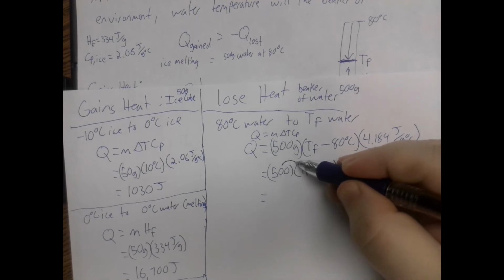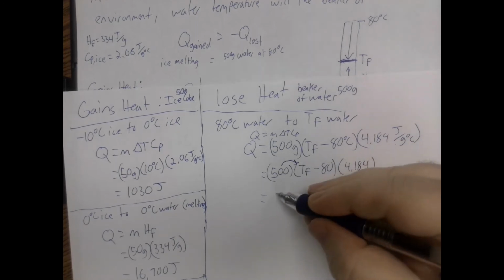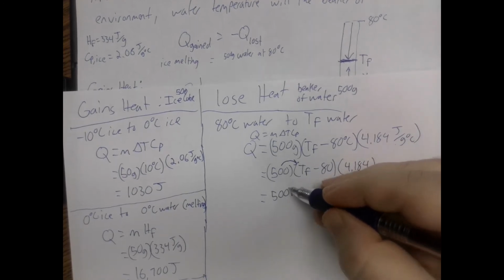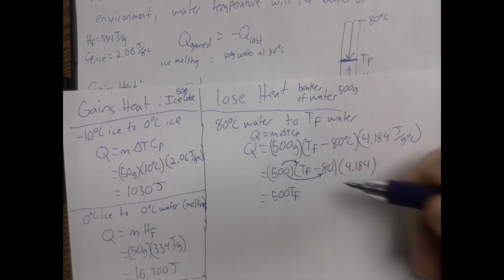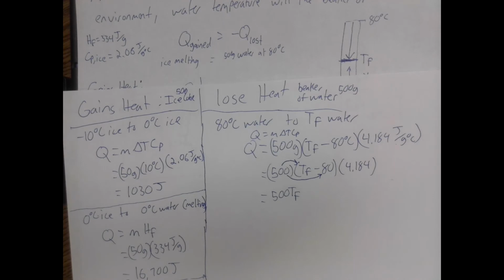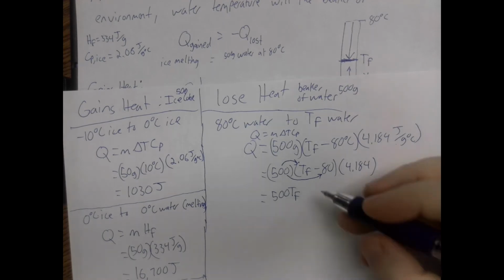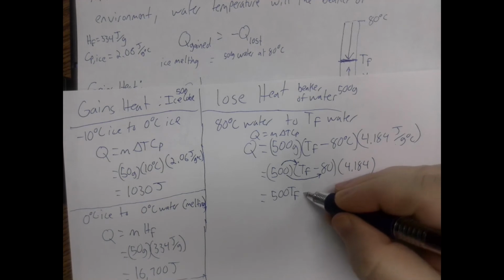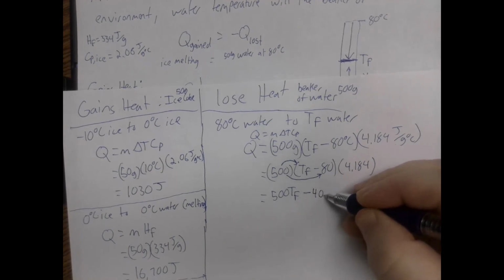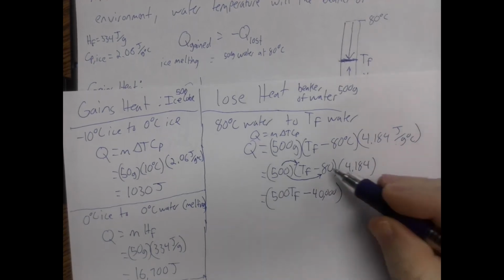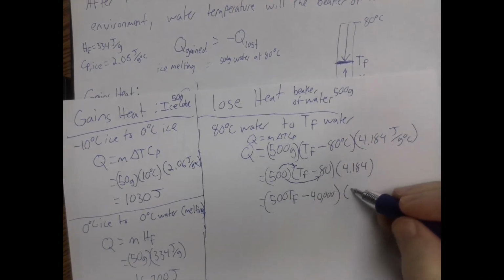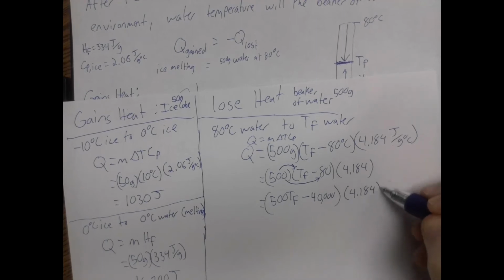So 500 times TF is 500 TF. 500 times negative 80 is negative 40,000. So we subtract 40,000. And everything is being multiplied by 4.184.